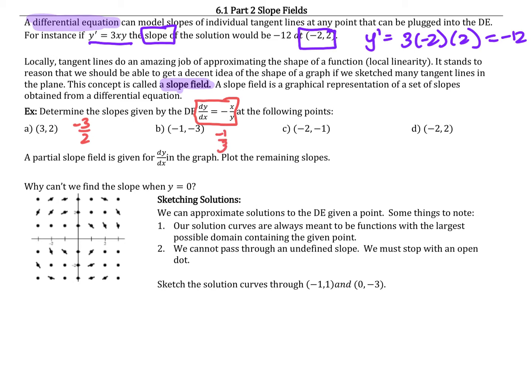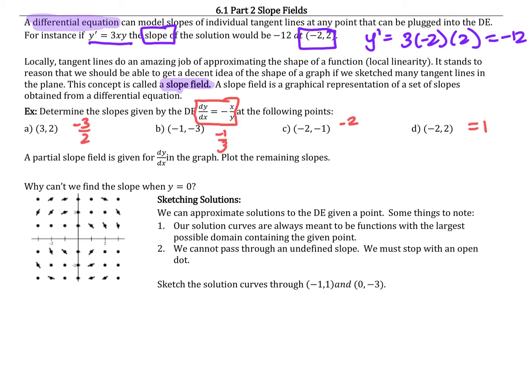If I plugged negative 2, negative 1 into dy dx equals negative x over y, I would get negative 2 over 1, or negative 2. And last but not least, if I plugged in negative 2, 2, I would get 2 over 2, or 1. So what we just identified is at each of these 4 points what the slope is.